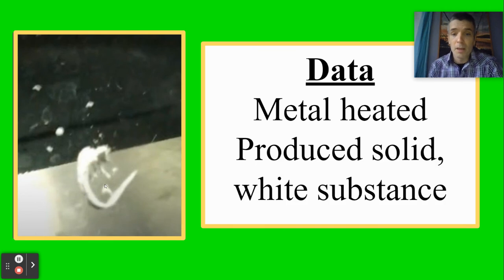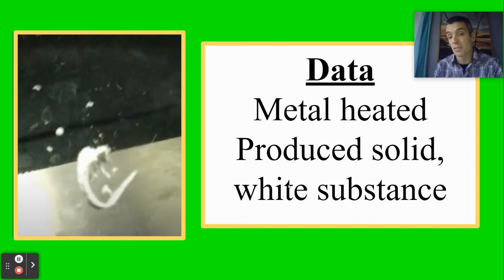All right. Now, what type of reaction is this? I start with one metal and I produce one substance, and it's not giving off anything as much as it's absorbing something from the air. This is going to be a synthesis because I'm taking a metal, reacting with oxygen, and producing a white substance.